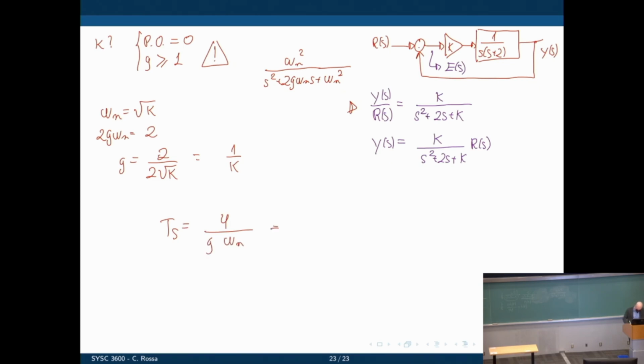This is 4 divided by zeta, which is 1 over square root of K, times omega n, which is square root of K. That's 4 seconds, and it appears to be constant, in fact.